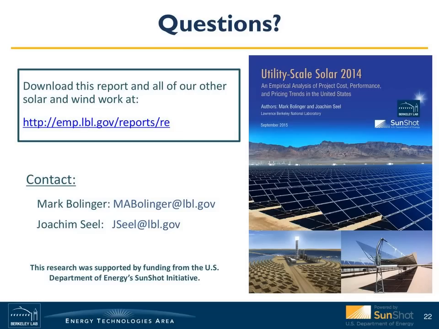And just recently I saw for current British policy reevaluations, they assume around $1.50 per watt DC. So depending on the inverter loading ratio practices in Britain, that may be close to $2 per watt AC.